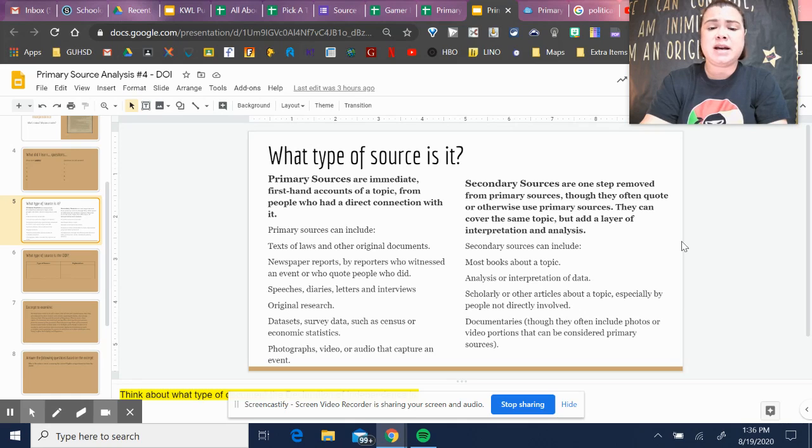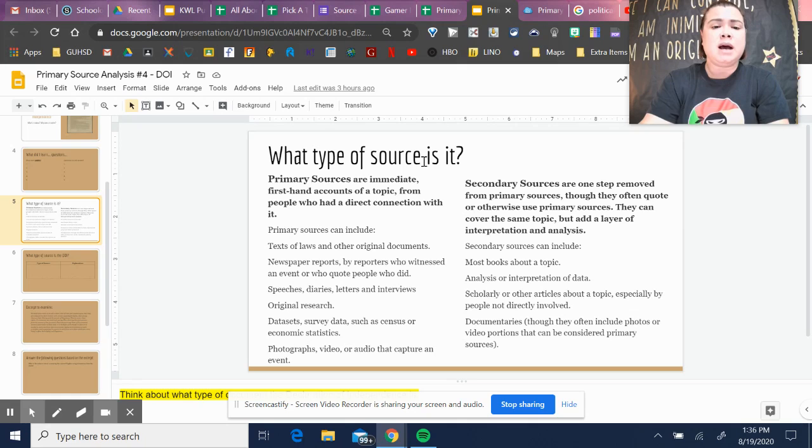Analysis of interpretation of data, scholarly or other articles about a topic, and documentaries. Even though they have first-hand accounts and they also have video or maybe footage that was a primary source, they're using primary sources, but they're telling it in a secondary source way.